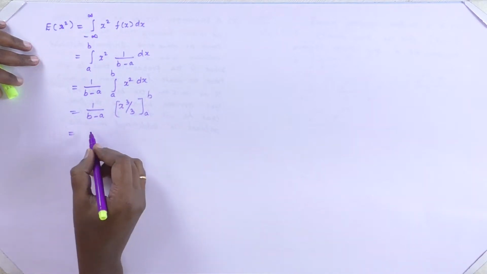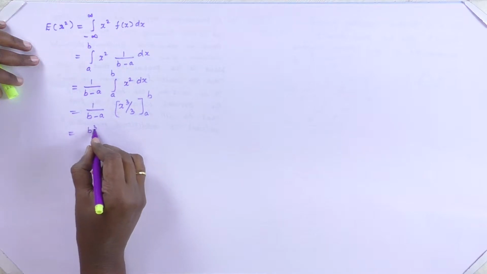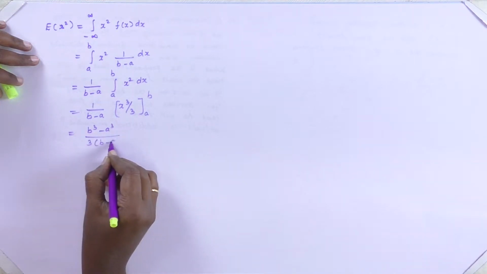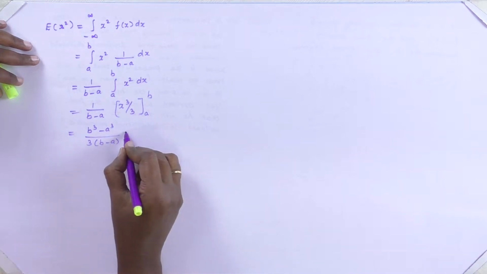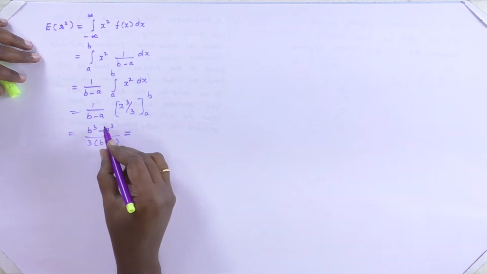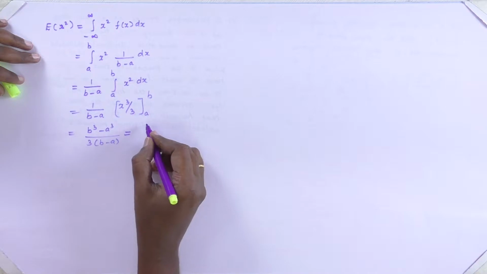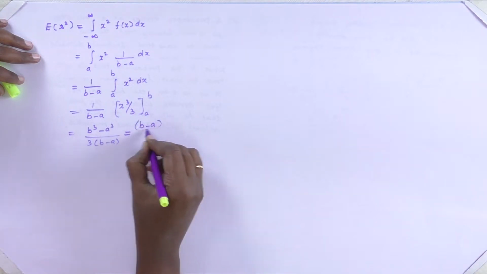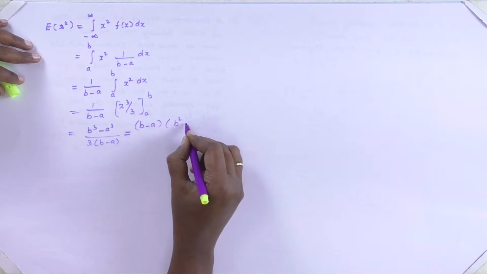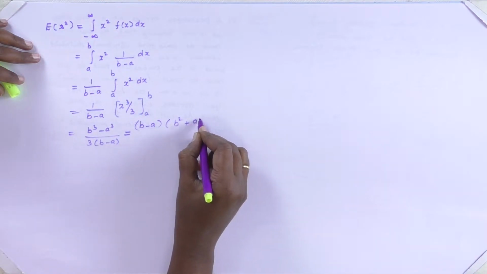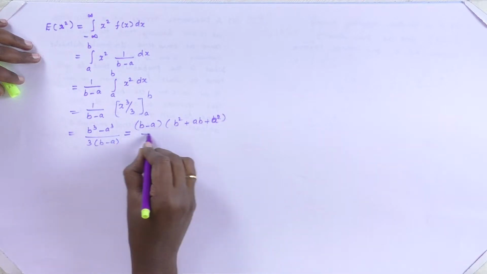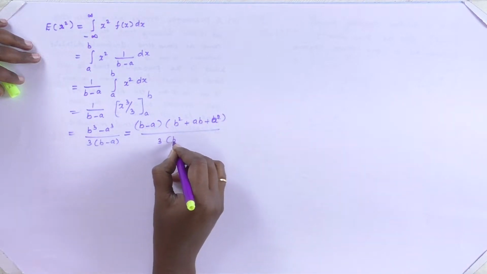Substitute the upper limit minus lower limit value for x: b cube minus a cube divided by 3 times of b minus a. This b cube minus a cube can be written as b minus a into b square plus ab plus a square, by the formula, divided by 3 times of b minus a.